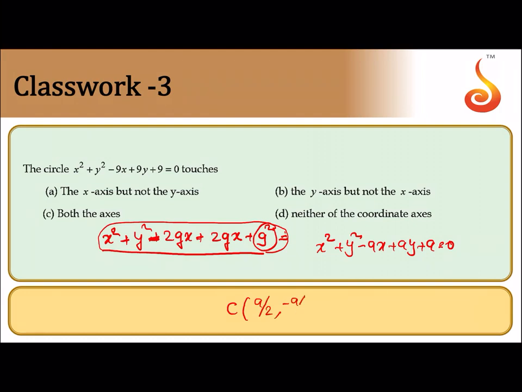The coordinates of center will be 9 by 2 comma minus 9 by 2. So radius is equal to under root of 81 by 4 plus 81 by 4 minus 9, which will give you under root of 63 by 2.